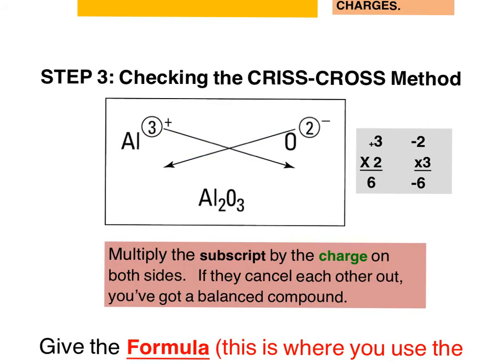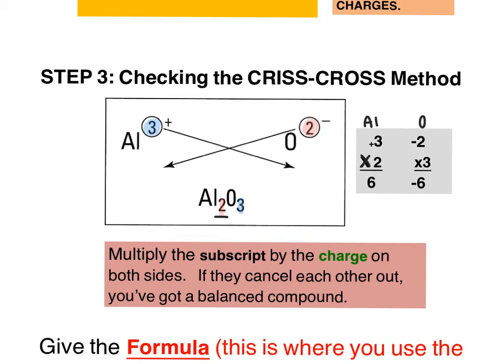The beauty about the crisscross is that I can check, so I can make sure that my charges balance out. So I brought that 3, I had my 2. If my aluminum has a positive 3 and I now have 2, when I multiply those together, I get 6.